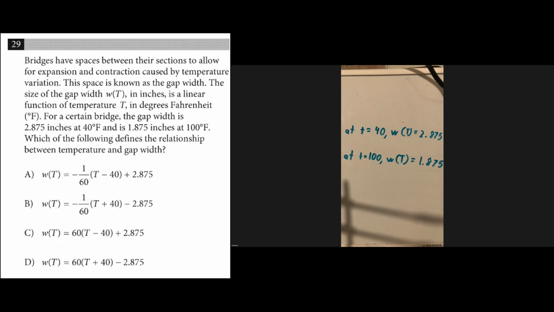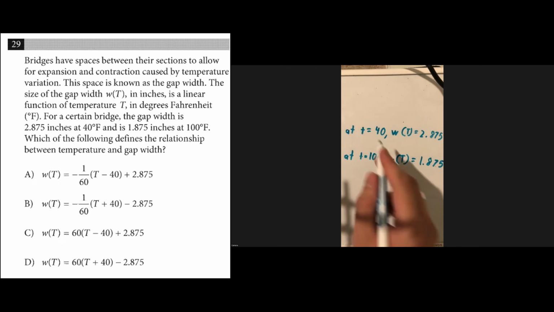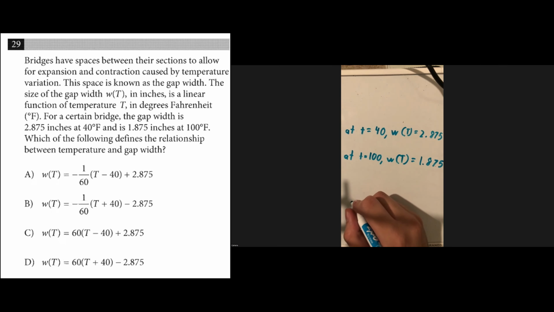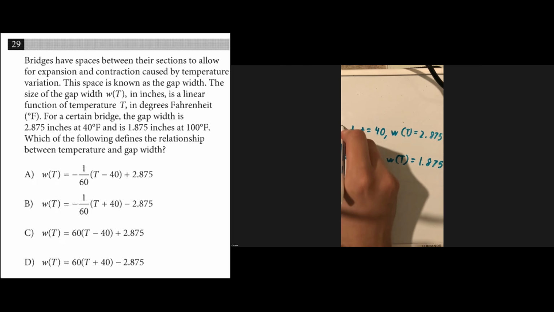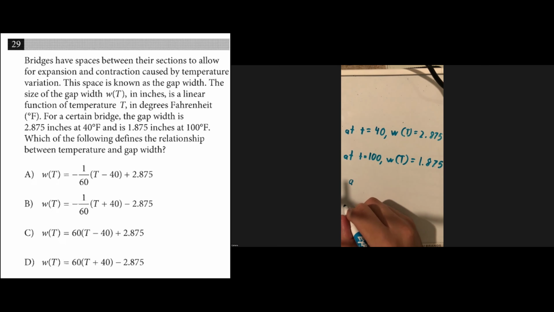So at t equals 40, because the answer choices give us the equations, we just need to plug in these values. For answer choice A, when we plug in 40, we would get 2.875, so answer choice A could work for this first part. For answer choice B, when we plug in 40, we would get a number way larger than 40, so B could not work.